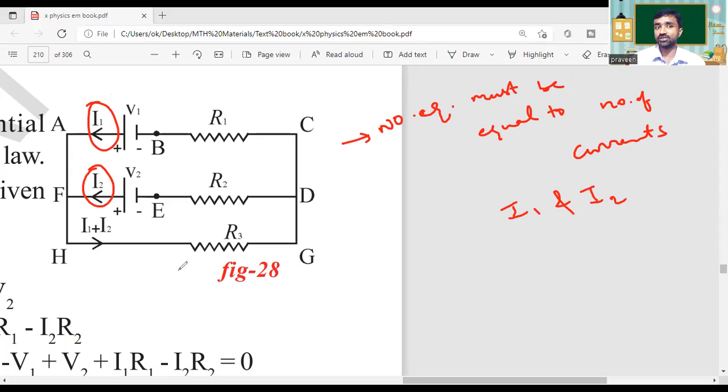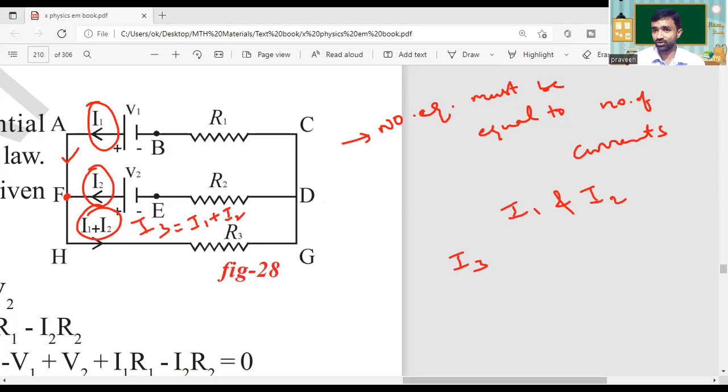Sometimes they may give you I3 also. What is I3 actually? According to your junction law, at junction F, the two currents I1 and I2 are joining, then I3 equals I1 plus I2.